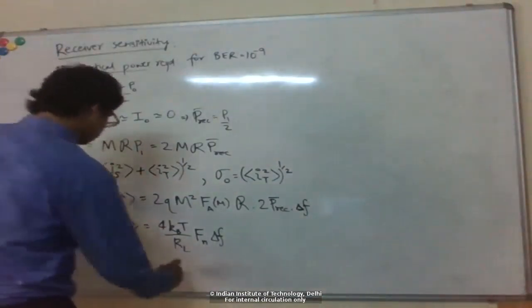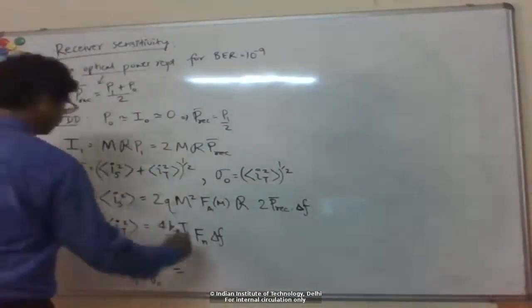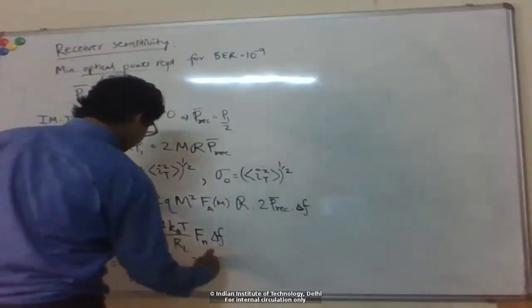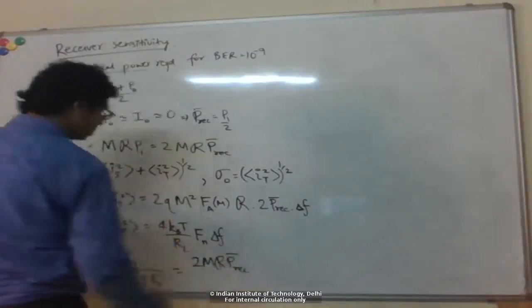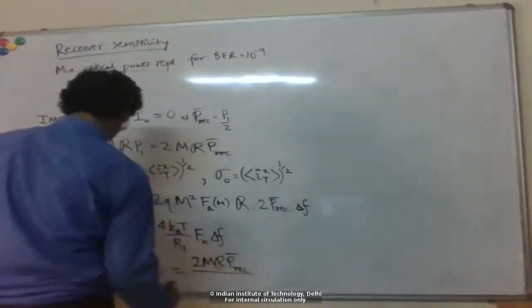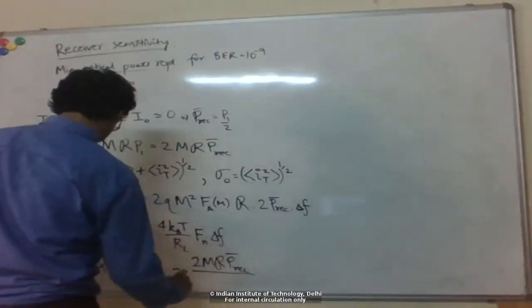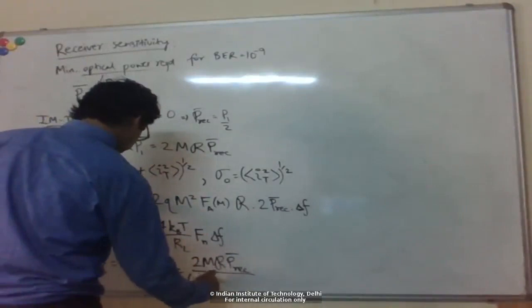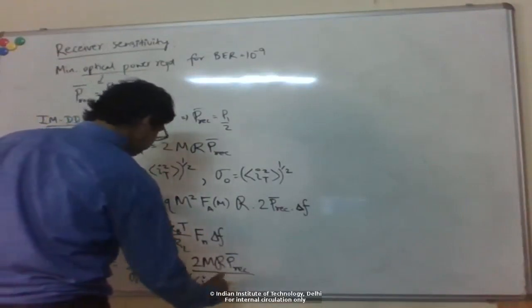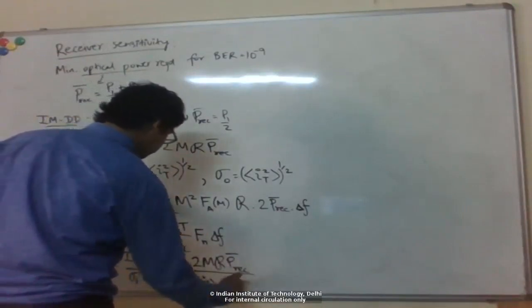Okay, and so with this expression you get, in terms of the average optical power received, so for sigma 1 we have shot noise and thermal noise.